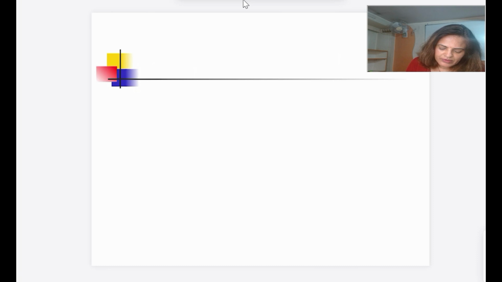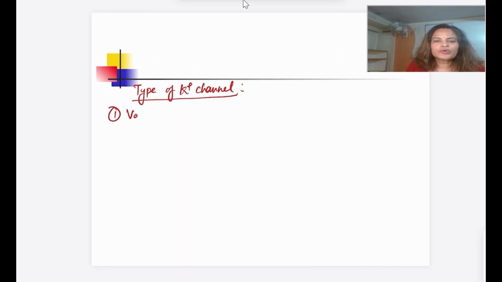how many types of potassium channel are there? So we have voltage gated, just like the other sodium and calcium channels. Here also we have a voltage gated potassium channel, which is going to open whenever the cell is depolarized.